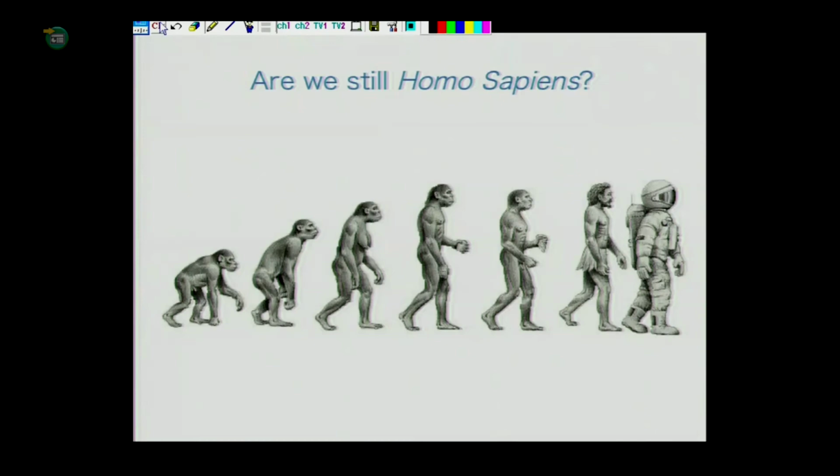So this group thought that if the plain question is whether you are still the same species as before, still Homo sapiens, the answer will be yes, because the definition is basically that we can interbreed with each other, and we haven't reached this point yet.